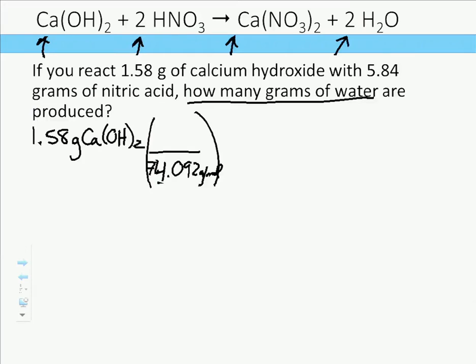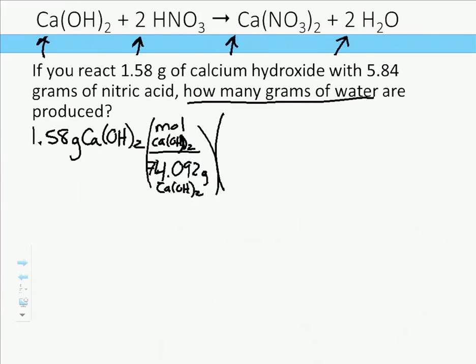So it's not the only thing that was bad here. 74.092 grams of calcium hydroxide per mole of calcium hydroxide. Okay. So I've got moles of calcium hydroxide.